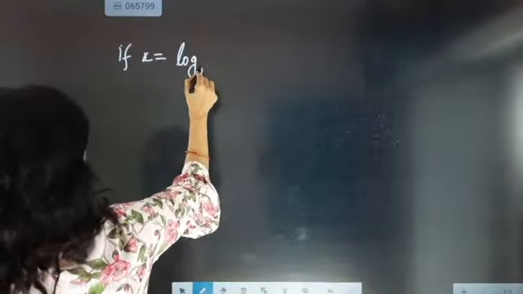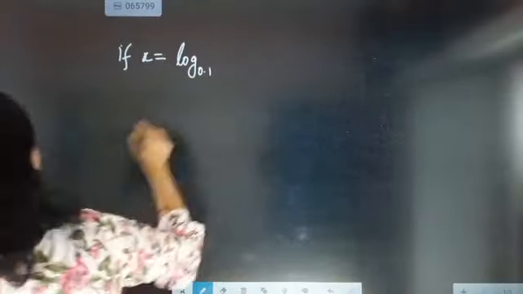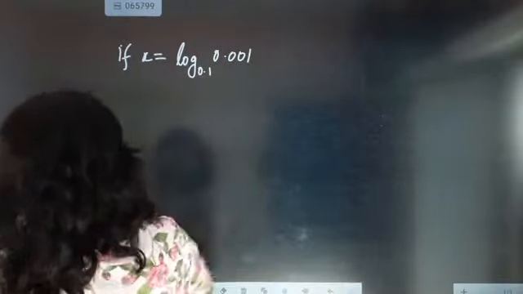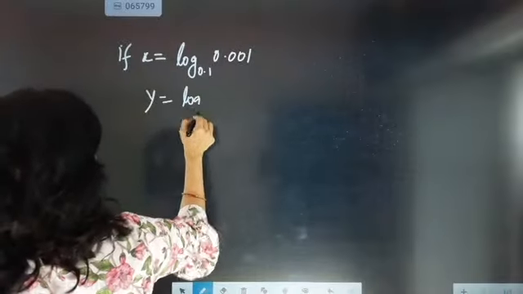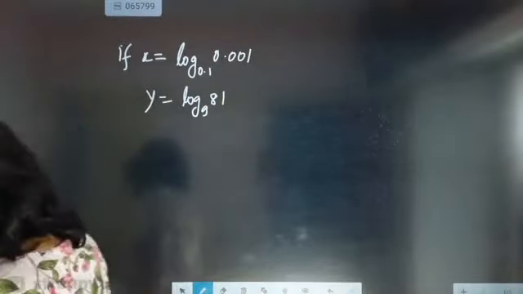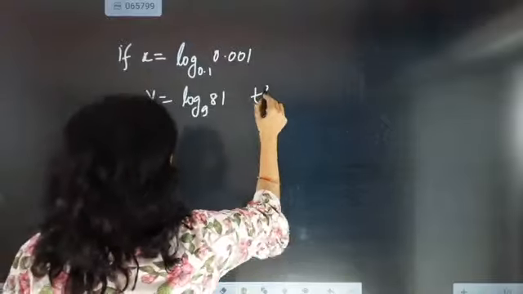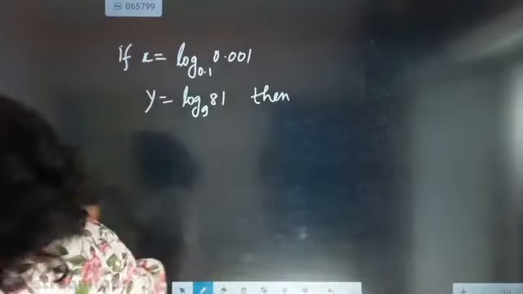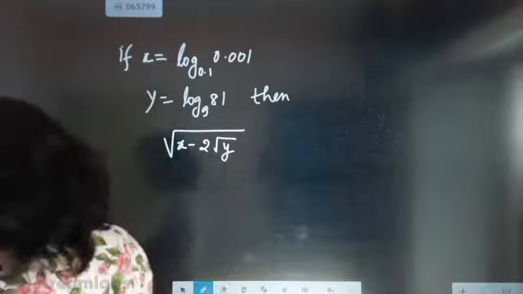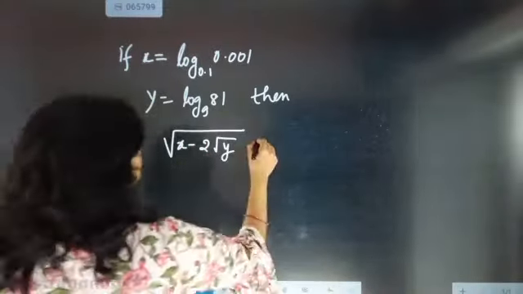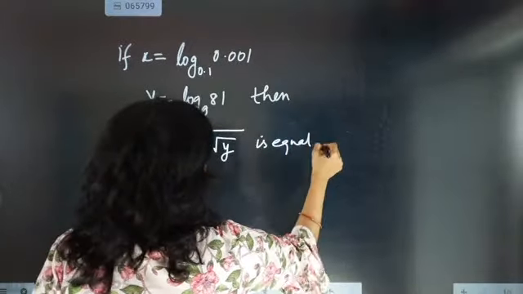Now the question is: if x equals log base 0.1 of 0.001, this is the x value, and y is log base 9 of 81. Now handle this question very cleverly. Root x minus 2 root y is equal to what?